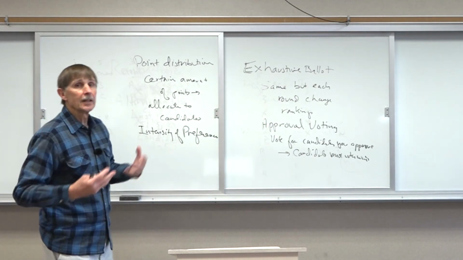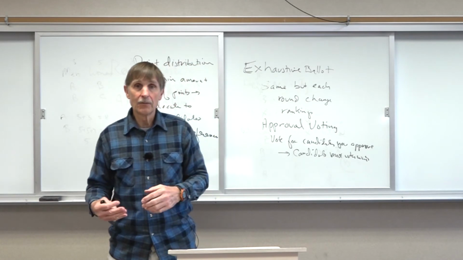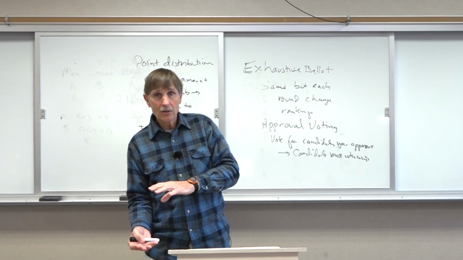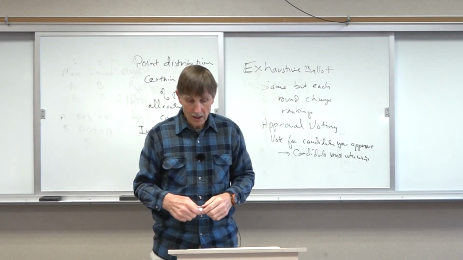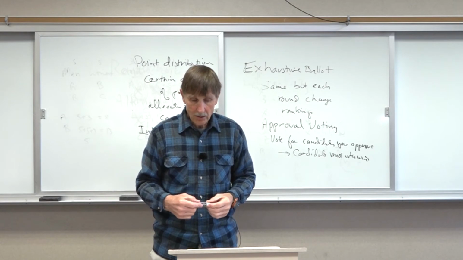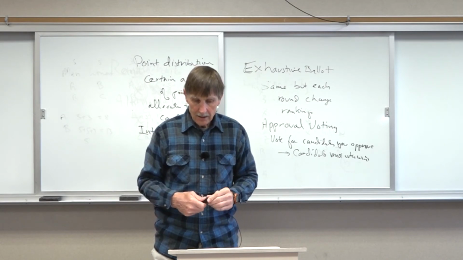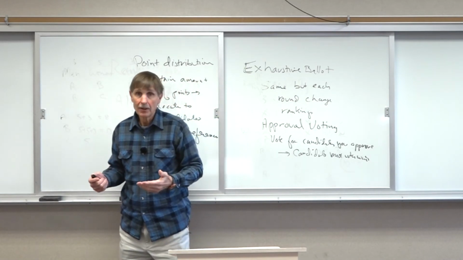If you really liked a candidate, you could put all your points on that one. Or if you were close between 2 of them, but you didn't like the others, you could put your points to the first 2 candidates, however you wanted to do it. So the point voting allows for you to take into account intensity of preference.